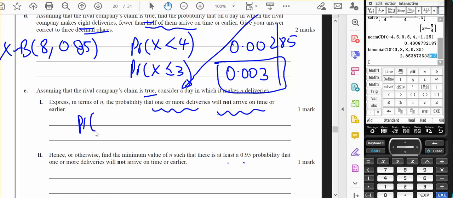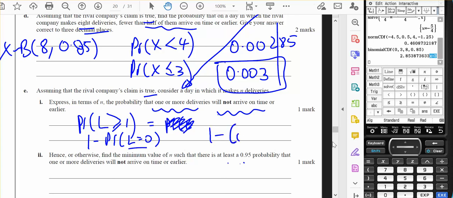So the probability of being late is bigger than or equal to 1. And that's equal to 1 minus the probability of them being early, so that's 1 minus the probability of them being late equaling 0, which means they're all early.